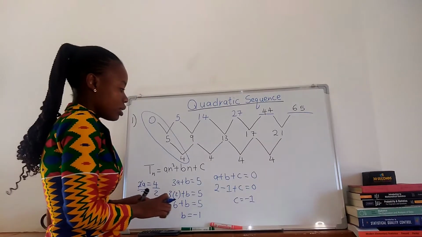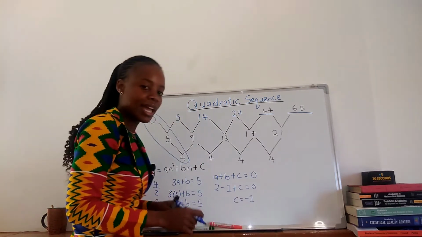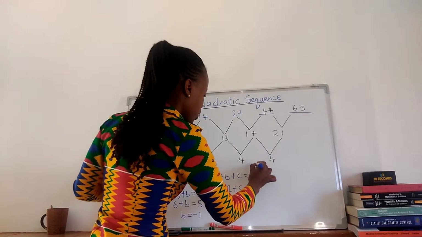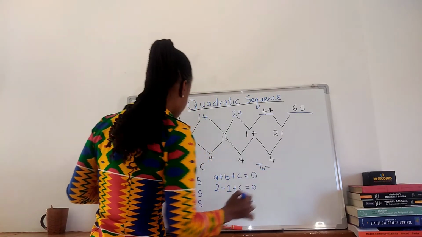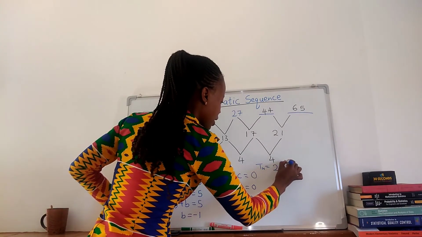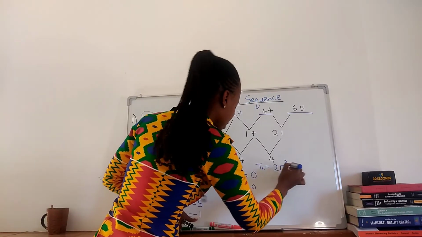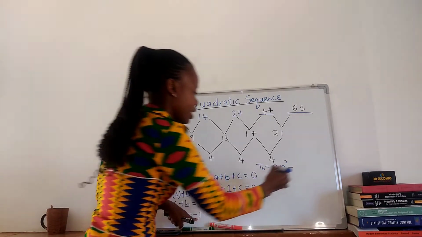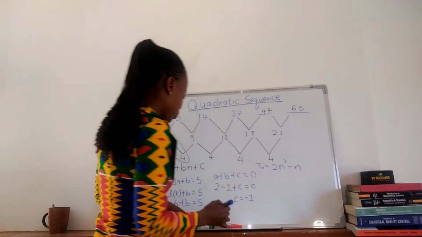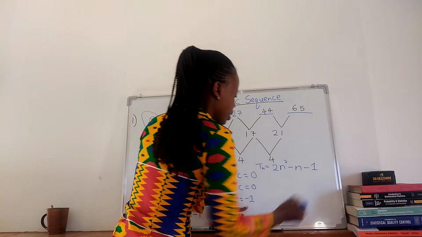And our nth term expression is going to be Tn equals 2n squared, plus b which is negative 1, so negative n, plus c which is negative 1, minus 1.